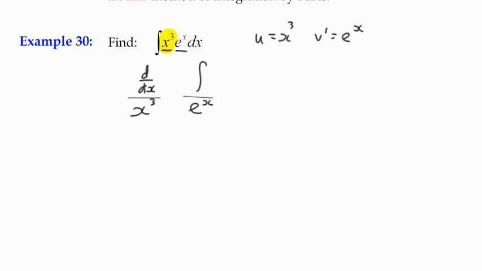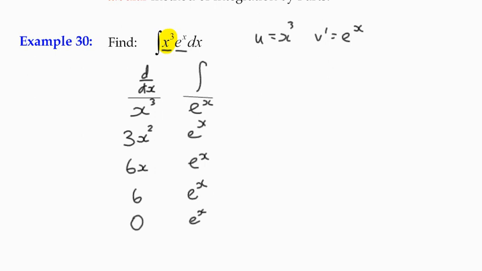So clearly our second element would be 3x squared, and then 6x, and then 6, and then 0. Okay? And then we can do the corresponding integration. So we've got e to the x, the integral of e to the x is e to the x, the integral of that, and so on. This one is fairly straightforward in that it's always the same.